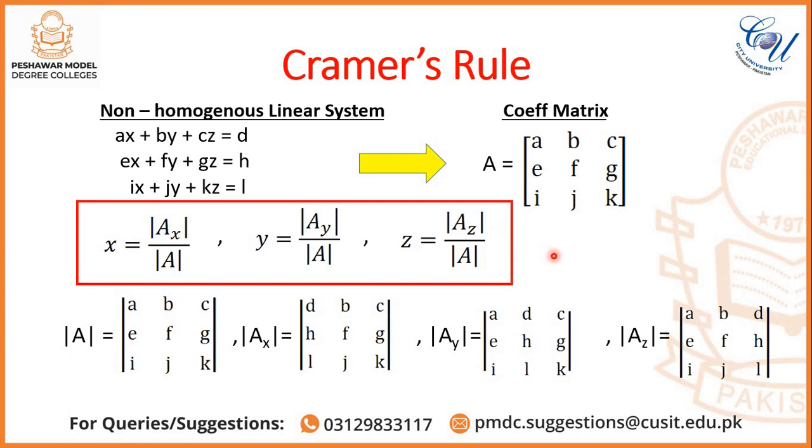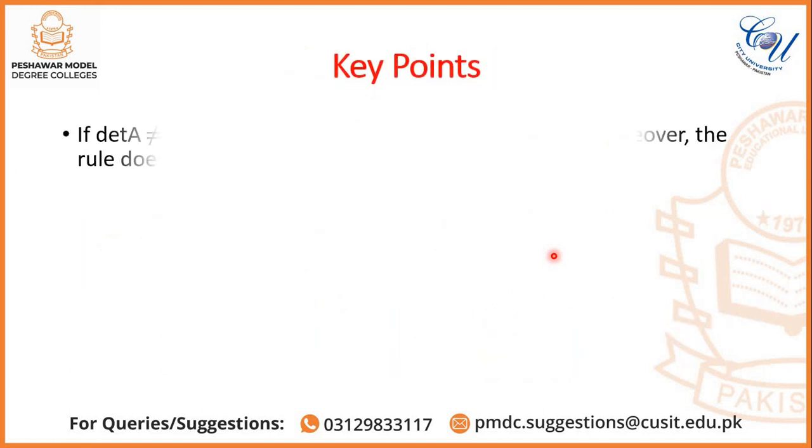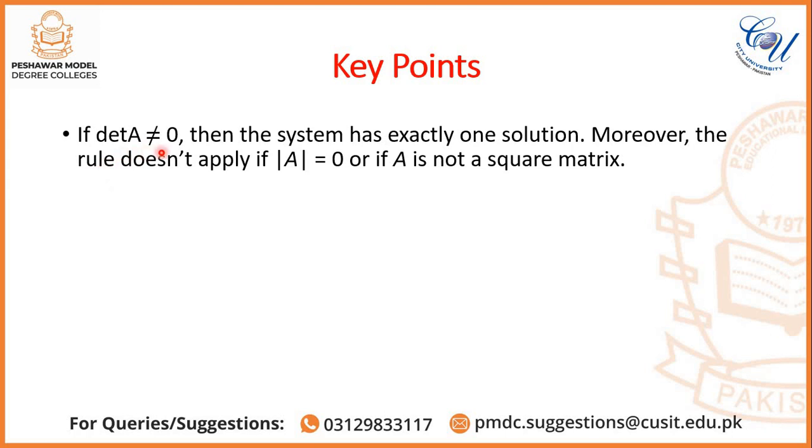So consider some key points. If determinant of A is non-zero, then the system has exactly one solution. Moreover, the rule doesn't apply if the determinant of A is equal to 0 or if A is not a square matrix, as we know that a determinant is only possible if A is a square matrix.